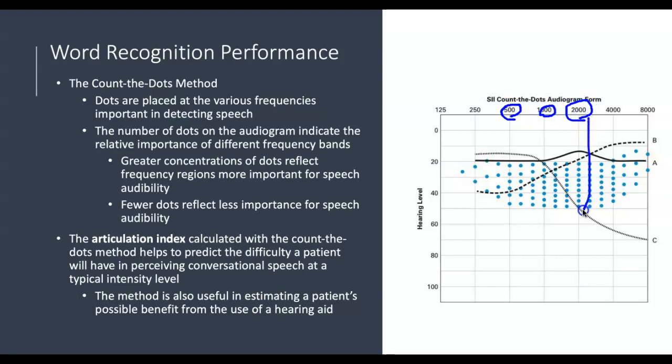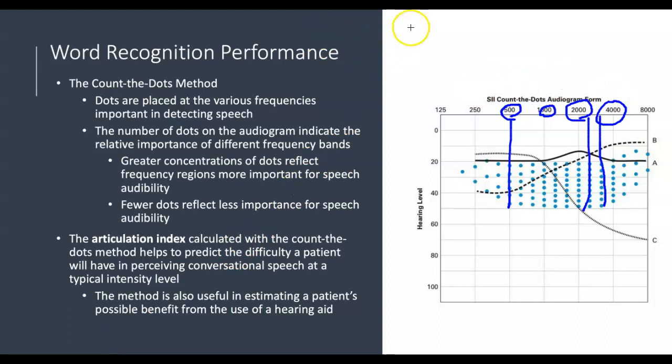That's because there's a lot of dots in this region here, even up to 3,000. But this is why we do particularly between 500 and 4,000 hertz. Almost 85 to 90% of the dots, or the percent intelligibility, falls between 500 and 4,000 hertz. Okay, so that's the Count the Dots audiogram.